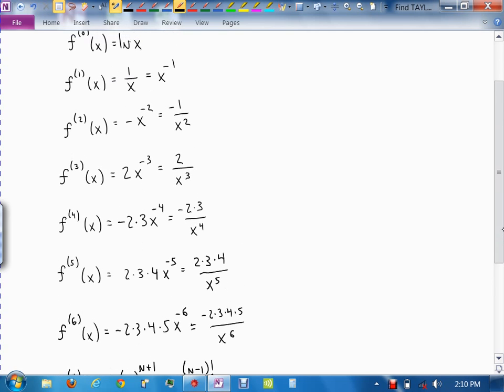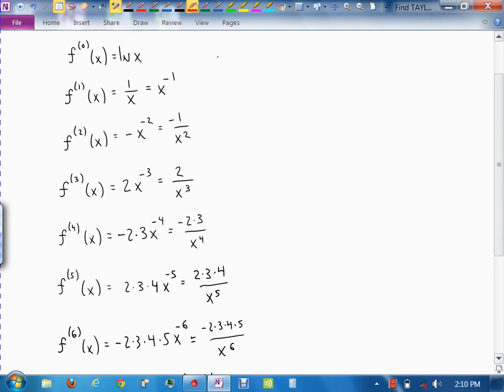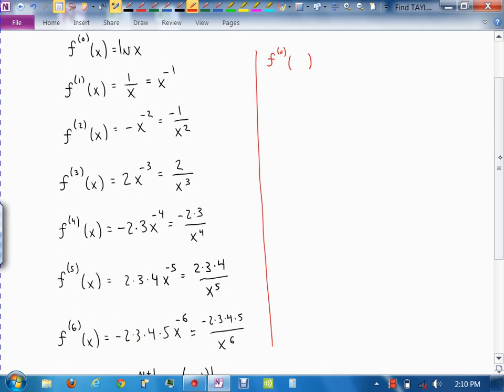All right, now let's make a table next to this here. What's f sub 0 at, where are we evaluating? At 3. That's natural log 3, isn't it? What's the first derivative evaluated at 3? 1/3.